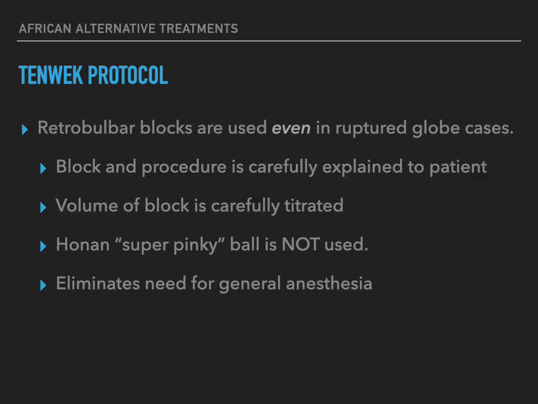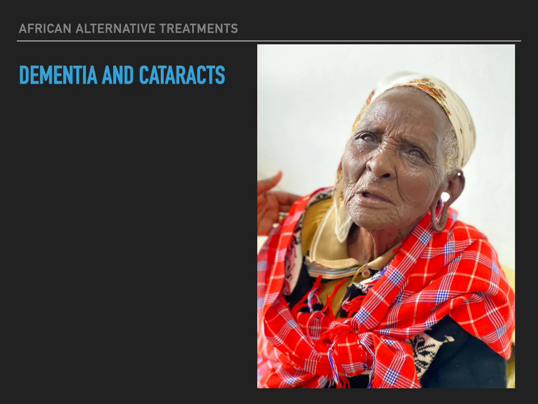Maybe even more controversial is the fact that we use retrobulbar blocks even in ruptured globe cases. In my experience, in our environment, the greatest risk to the patient comes with administration of general anesthesia. So if we can perform safe, effective eye surgery without it, that's what we do.